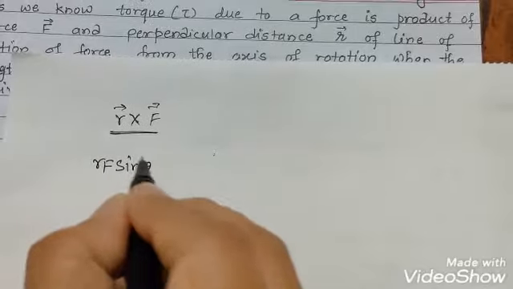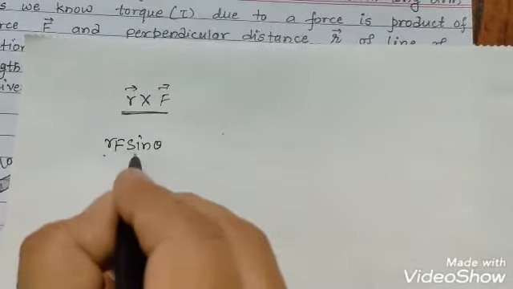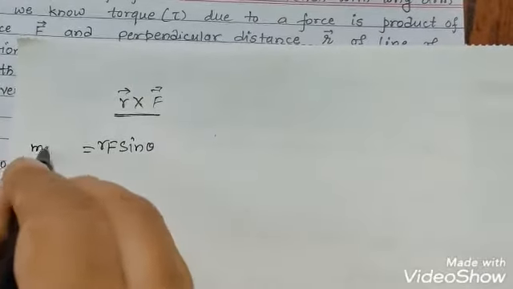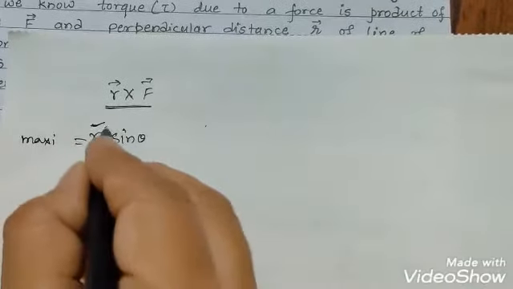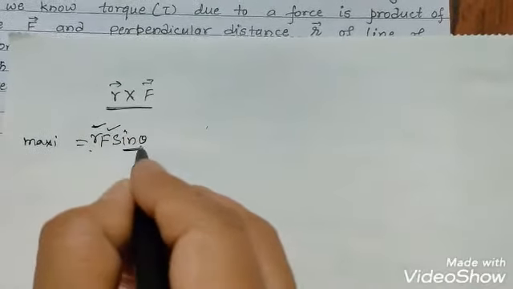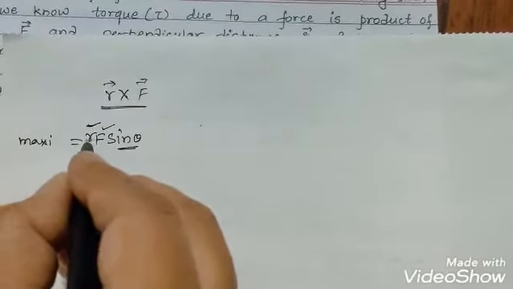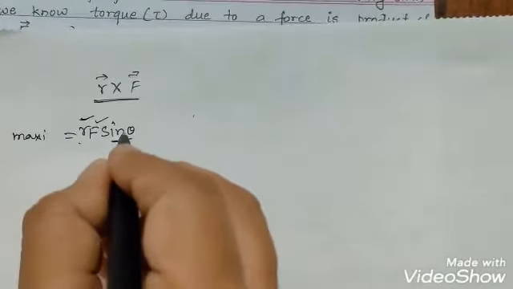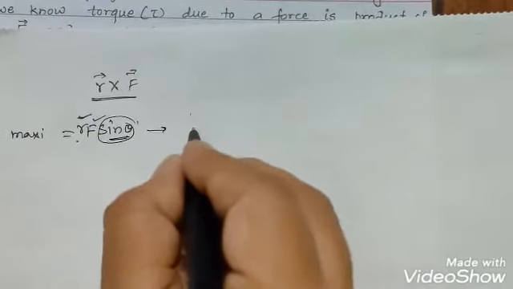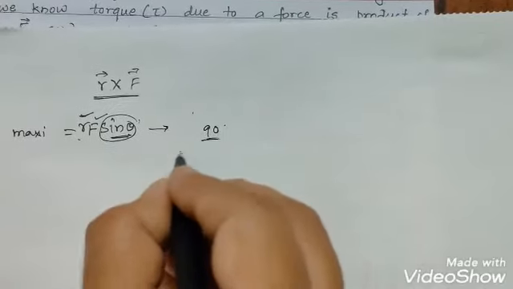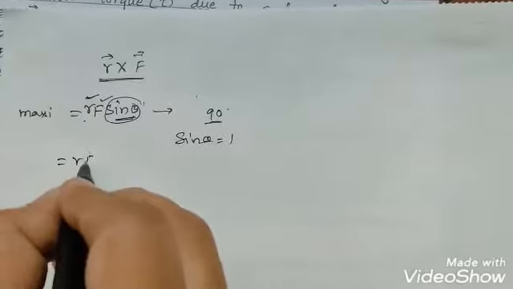The effect will be maximum when R is maximum, F is more, and sine theta is maximum. If theta is 90 degrees, sine theta will be 1. Now the overall effect depends on R and F.